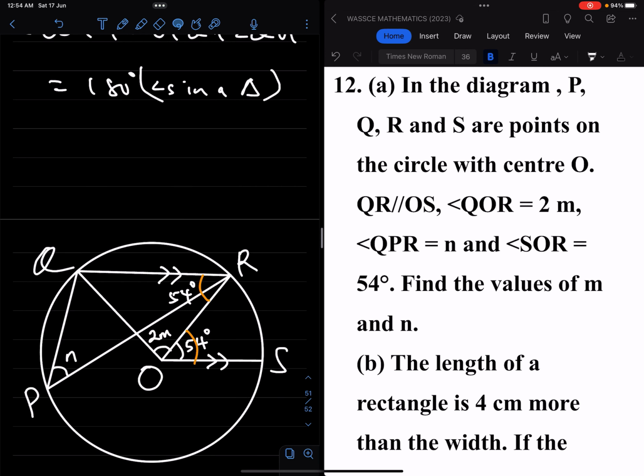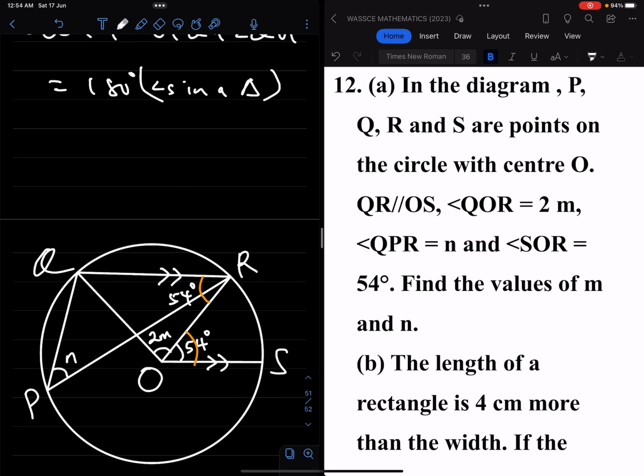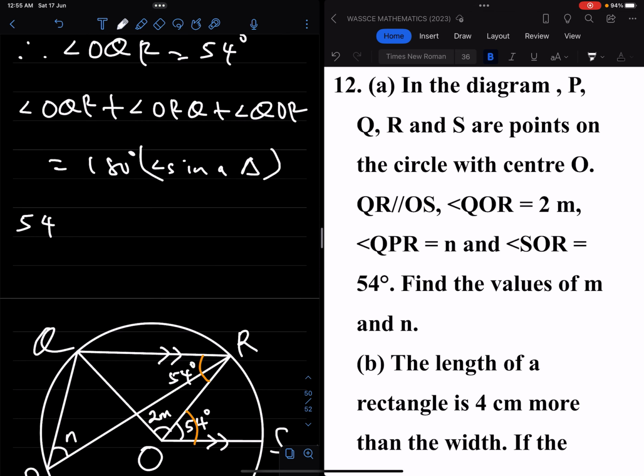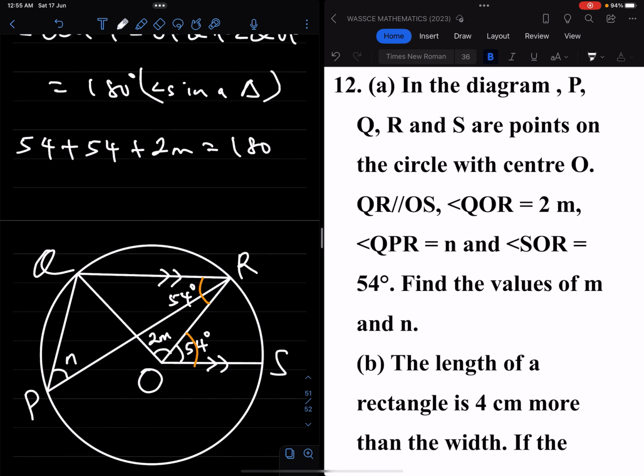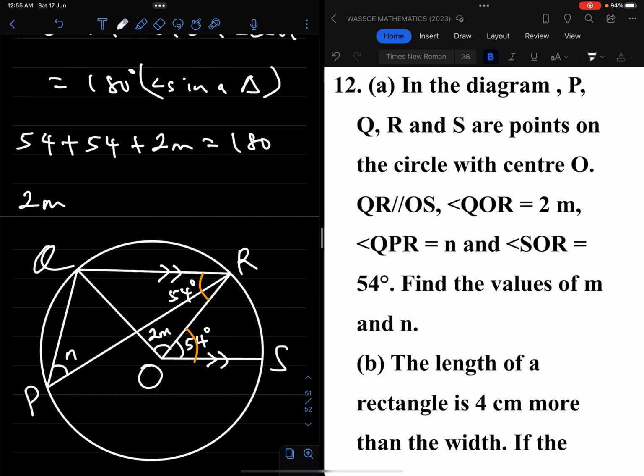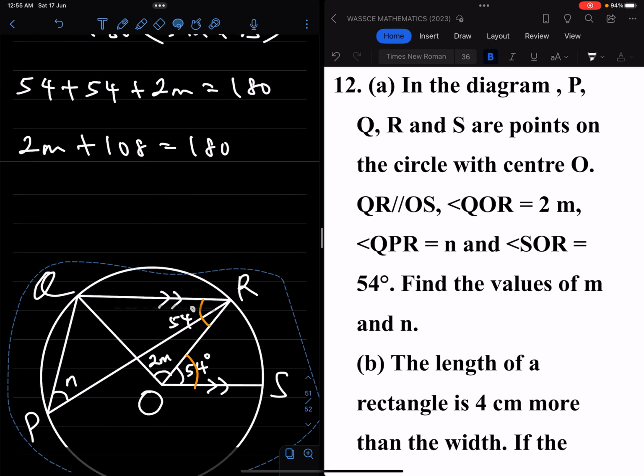We already know them: OQR is 54 plus ORQ is also 54 plus QOR, that's 2M, equals 180, which simply means 2M plus 108 equals 180.